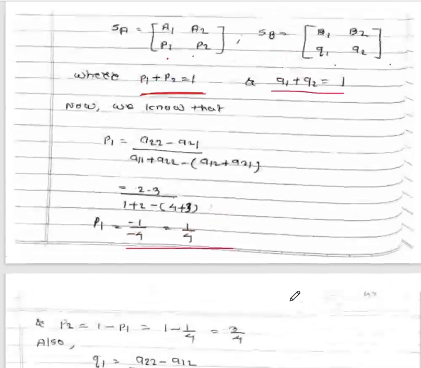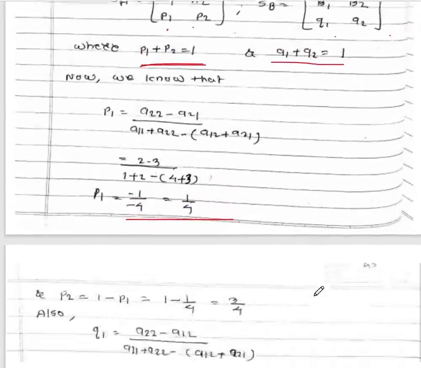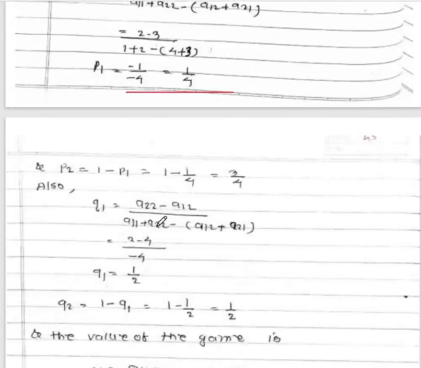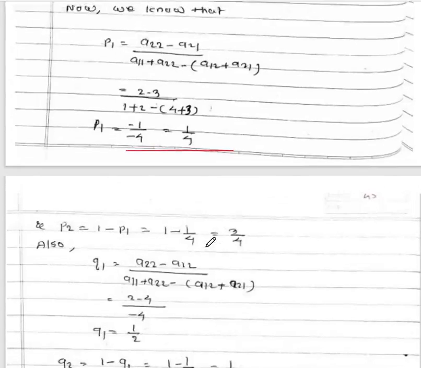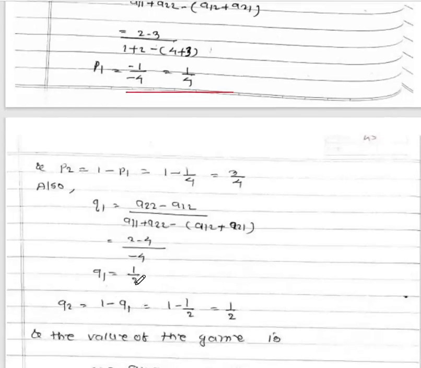Now we will find Q1, Q2. The formula for Q1 is A22 minus A12 divided by A11 plus A22 minus A12 plus A21. Putting in the values from the payoff matrix and solving, we get Q1 equal to 1 by 2.